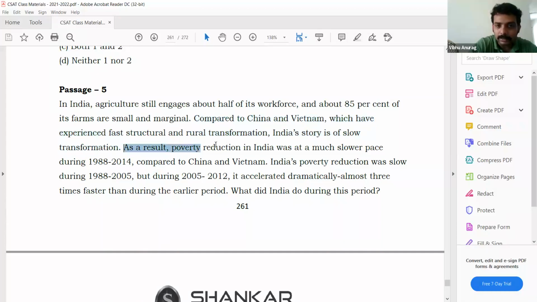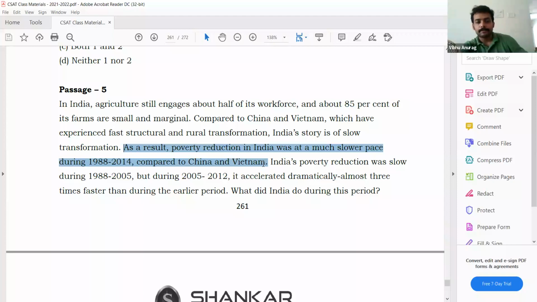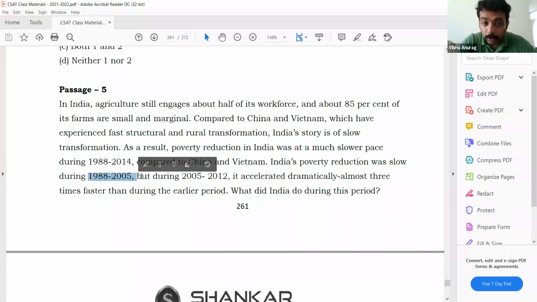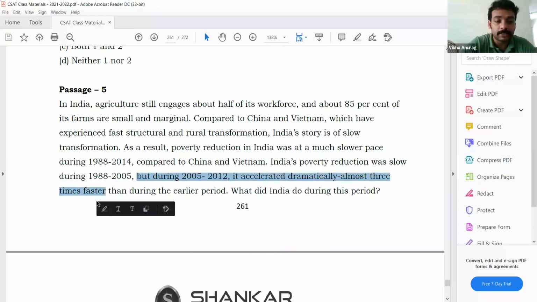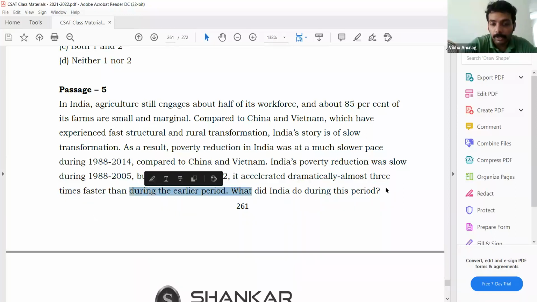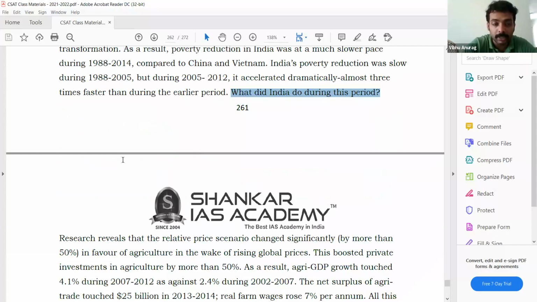And as a result, poverty reduction in India was at a much slower pace during 1988 to 2014 compared to China and Vietnam. So he's comparing the growth and poverty reduction in India compared to China and Vietnam. India's poverty reduction was slow during 1988 to 2005, but during 2005 to 2012, it accelerated dramatically. So this is something different that happened, almost 3 times faster than during the earlier period. So the question is, what did India do during this period?